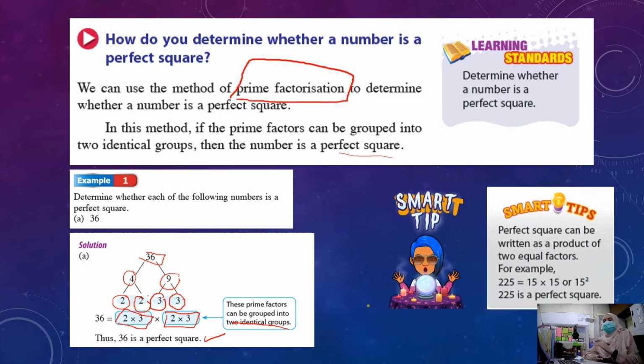The smart tip for you for this is a perfect square can be written as a product of two equal factors.